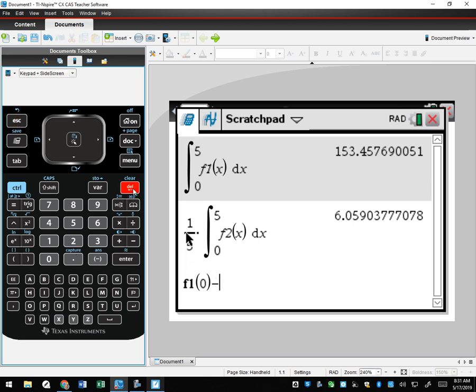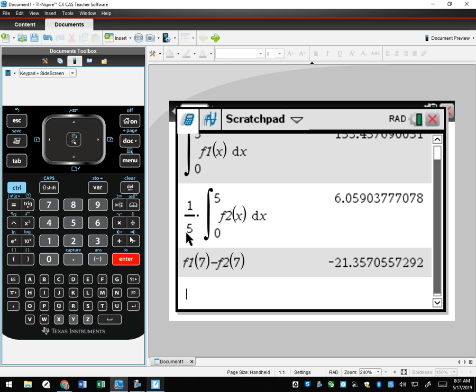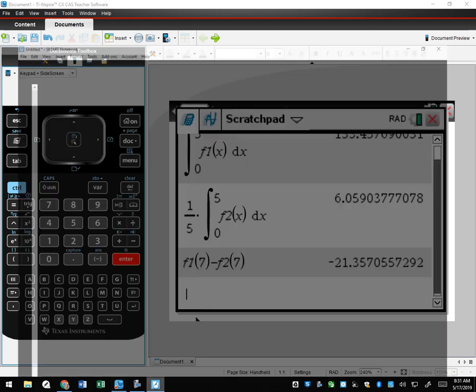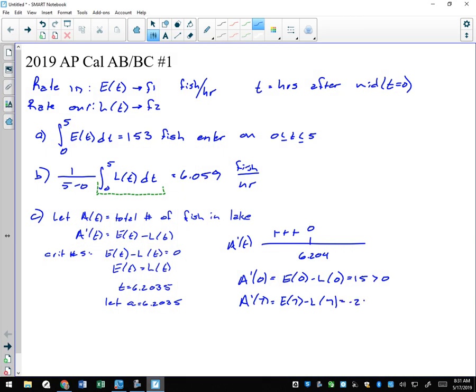Okay, let's just go back and do this. f1 of 7 minus f2 of 7, control enter, and we get negative 21.357. That is a negative value. Okay, and now I know that my critical number at time 6.204 must be the maximum because my function is increasing until the critical number and decreasing after.